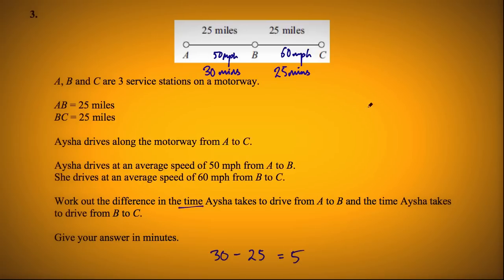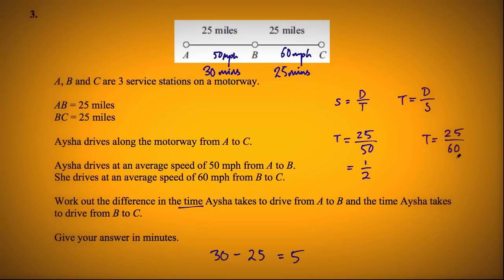If I was going to use a more formal method there, I would say that if speed equals distance over time, and I need to know difference in time, I'll look at time equals distance over speed. So for the first bit, time equals 25 over 50. And for the second bit, t equals 25 over 60. 25 over 50 is half an hour.